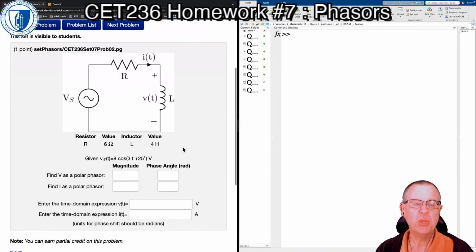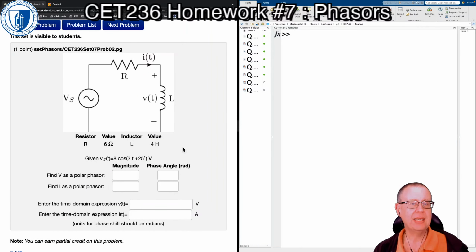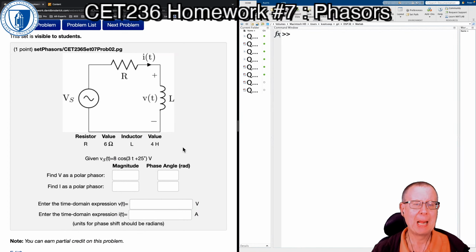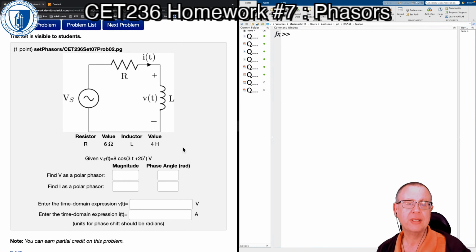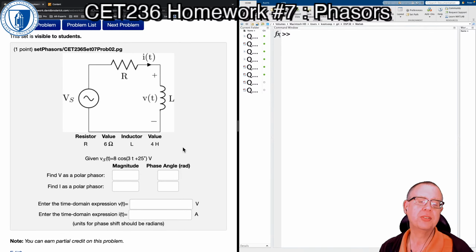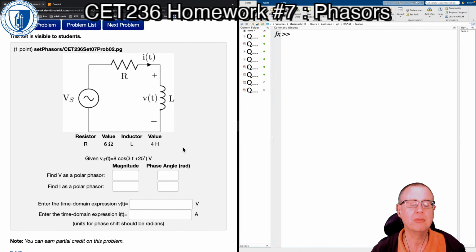And problem 2, we have a resistor and an inductor, a 6 ohm resistor and a 4 Henry inductor. We've got a voltage supply of 8 angle 25 degrees at 3 radians per second.